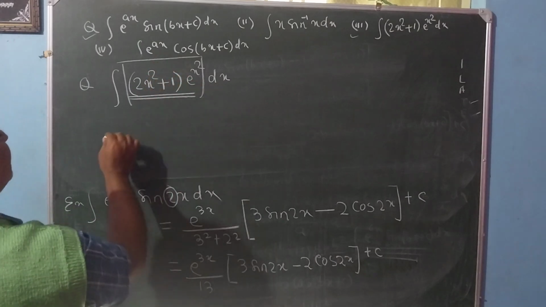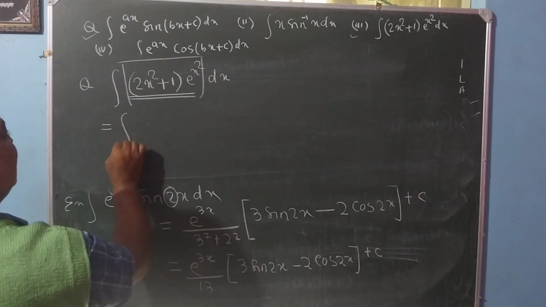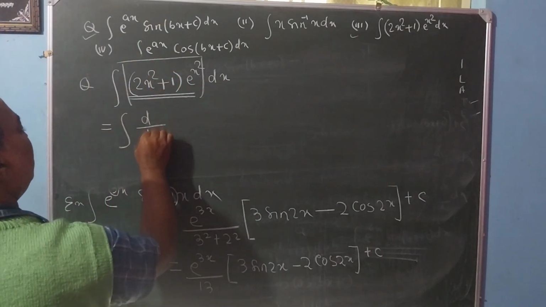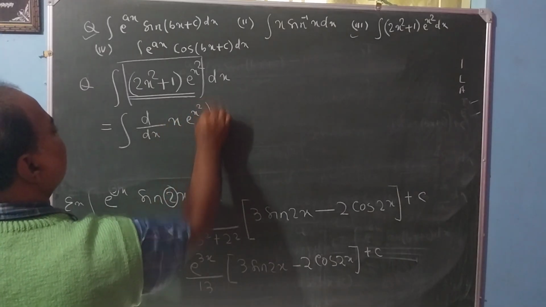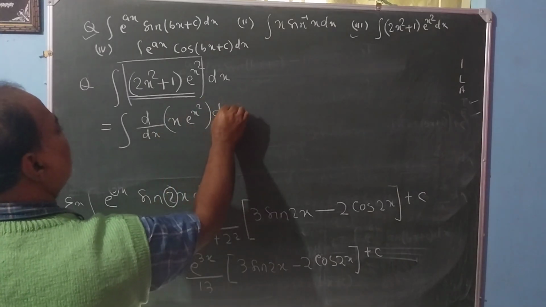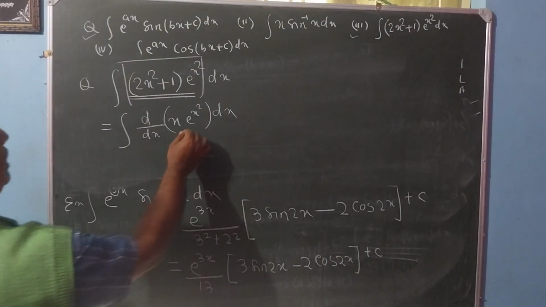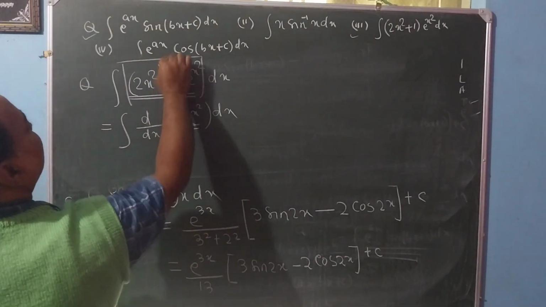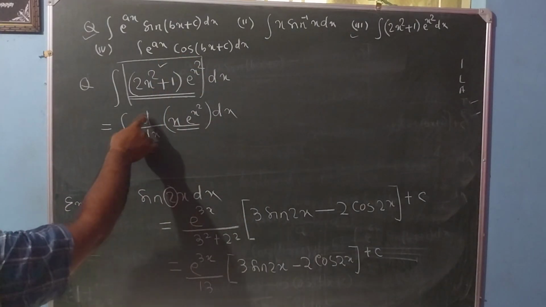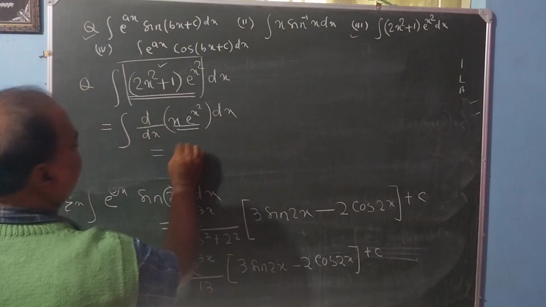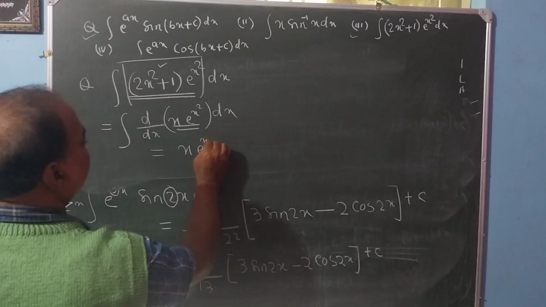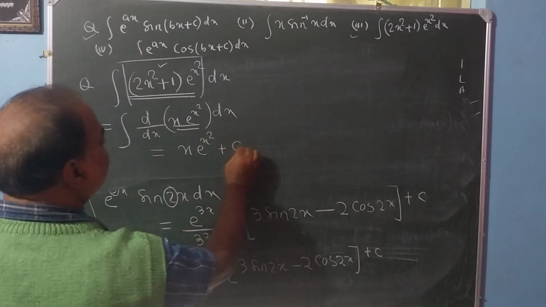So that is d dx of x into e to the power x square. Okay, so when you differentiate this, we get this. So derivative and integration neutralize each other. So that is x e to the power x square plus c.